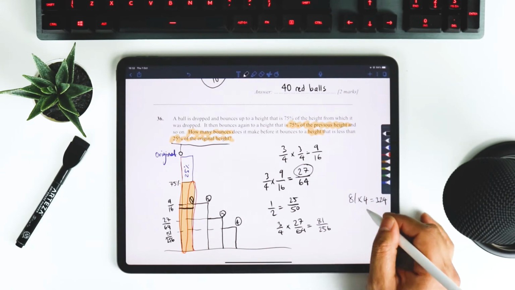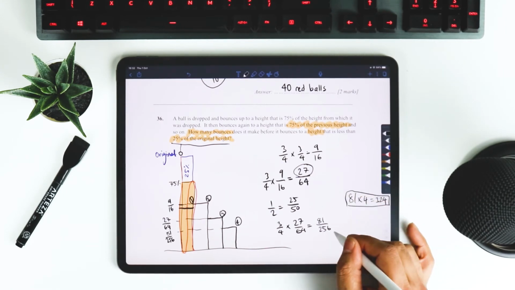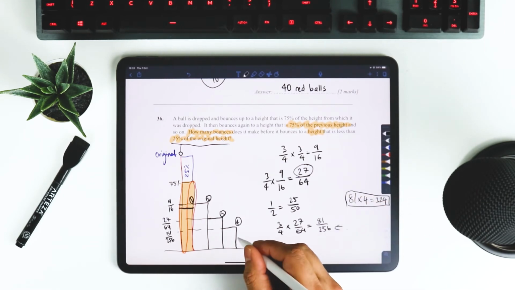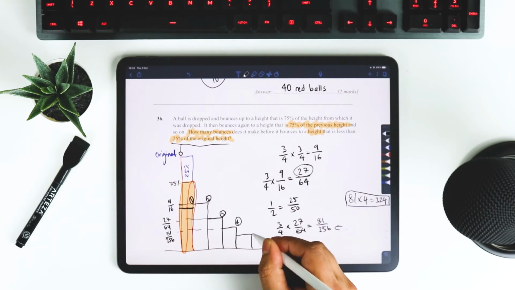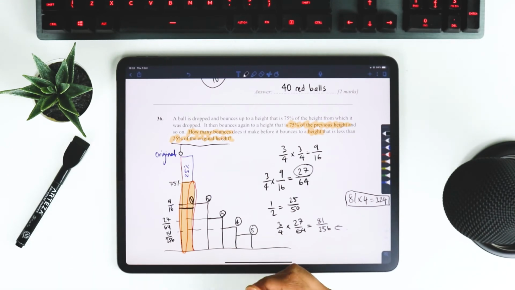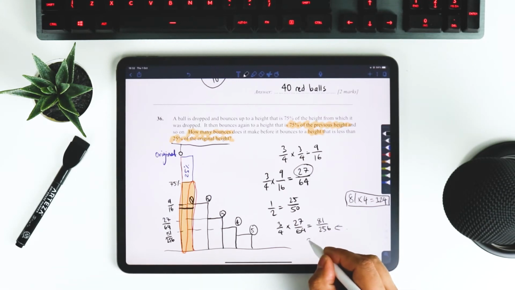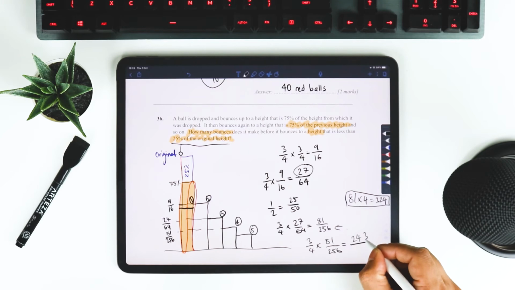So this is less than 324. So I think actually on the 5th bounce, we will find, I am hoping, that 3/4 of 81/256 will give me 243.